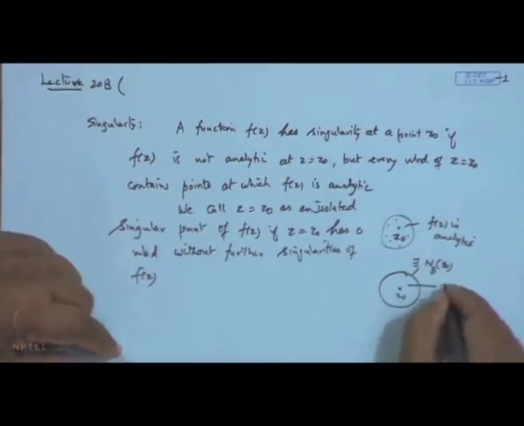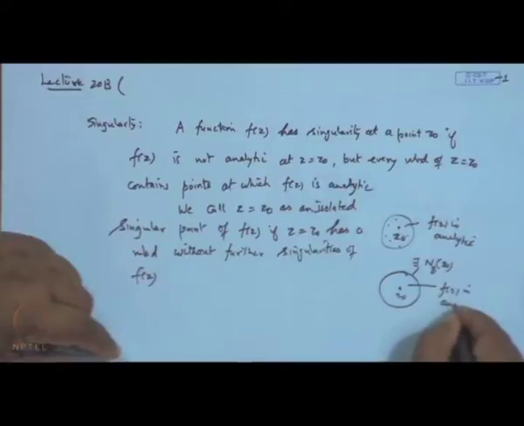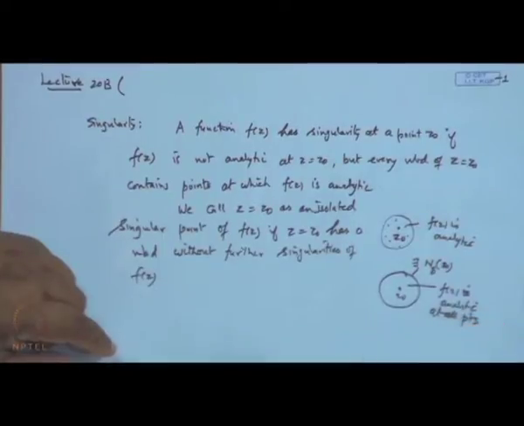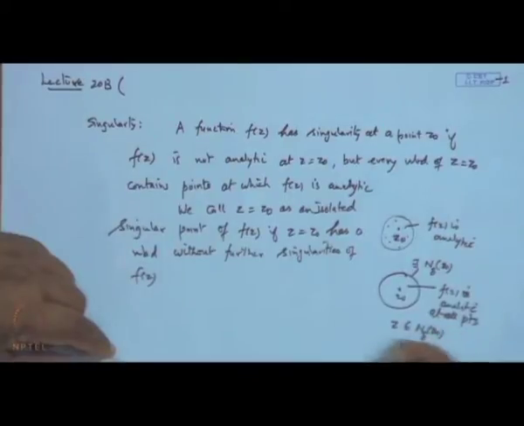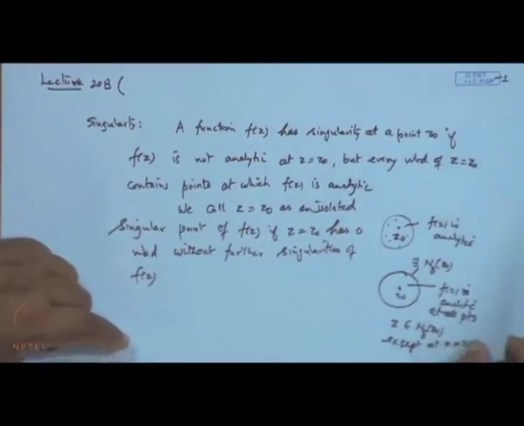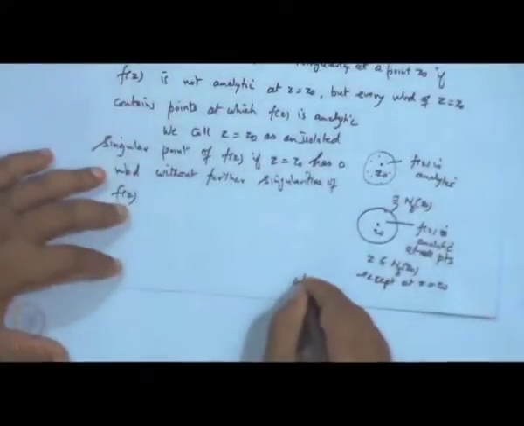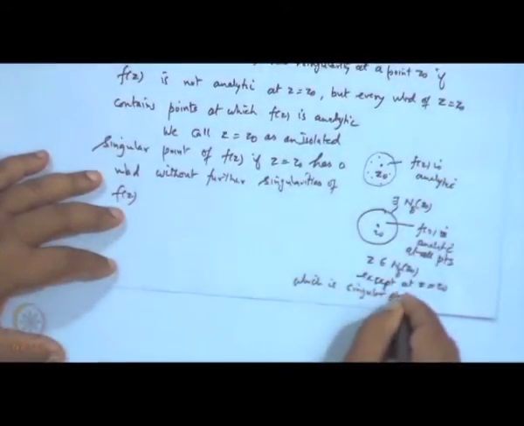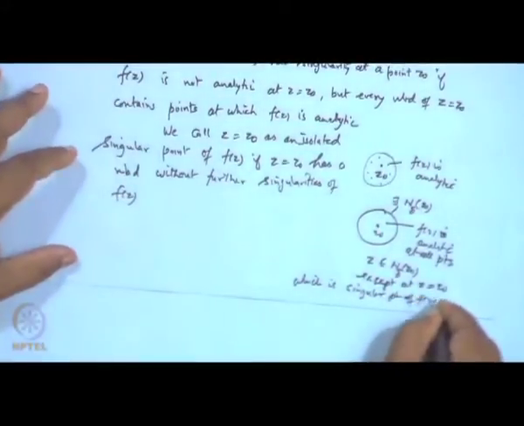So at all other points f is analytic, at all points z belonging to the neighborhood of z naught except at z naught, which is a singular point of f z. Then z naught is called an isolated singular point.